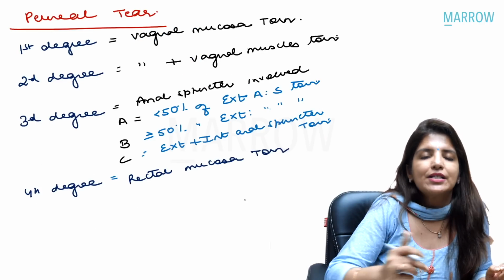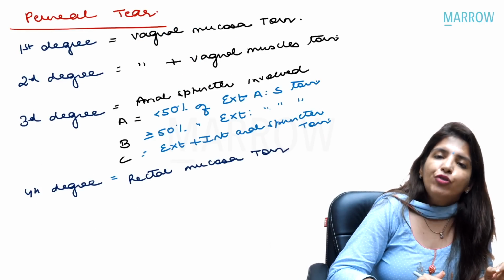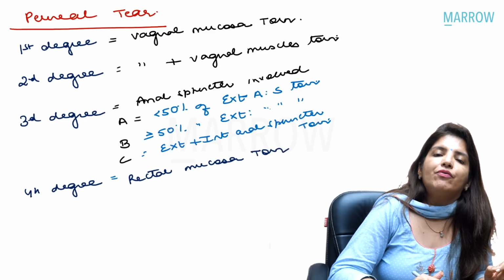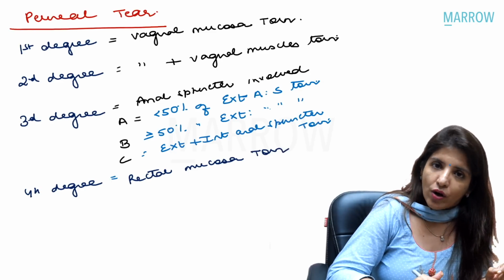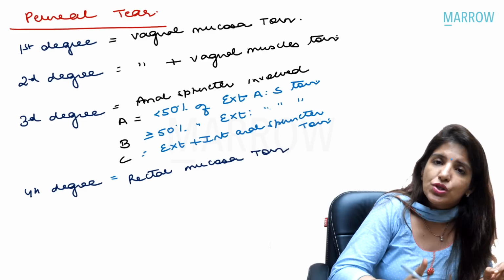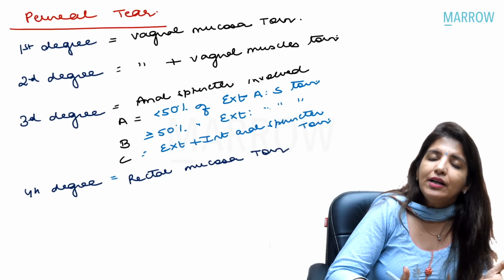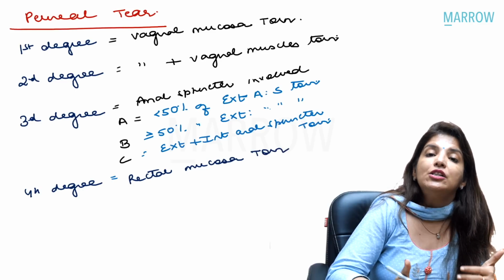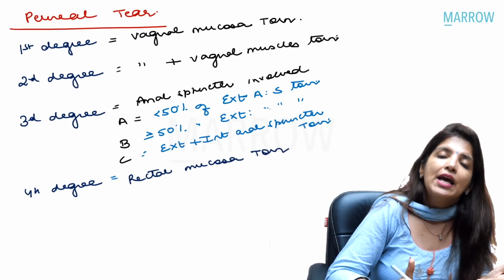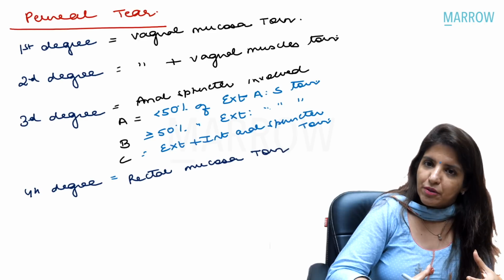Right? So let's quickly revise the degrees of perineal tears. First degree perineal tear is when the vaginal mucosa is torn. Second degree means vaginal mucosa is torn, and along with that, the muscles are also torn. Third degree means that now the anal sphincters are torn, right? Apart from vaginal mucosa and muscles.